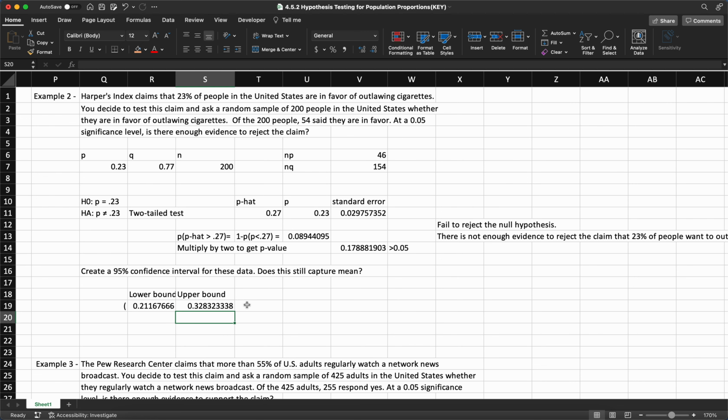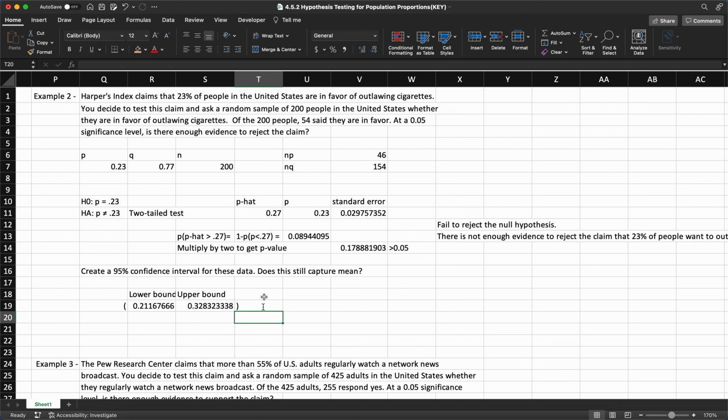And so if Harper's Index had claimed that 30% of people in the United States are in favor of outlawing cigarettes, the sample that I took can't refute that. We're saying that 95% of the time, based on this sample, we should get a population proportion that's between 21% and 32%, almost 33%.